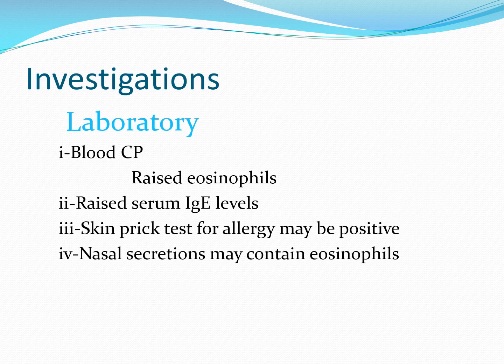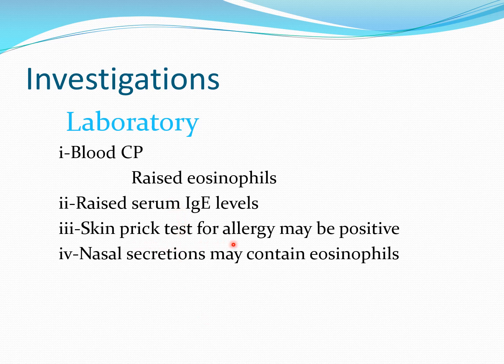So investigation to differentiate between allergic and antrochoanal polyp, you will advise blood CP. Eosinophils will be raised in cases of allergic reactions and neutrophils in cases of infection. In cases of ethmoidal polyps, there will be raised serum IgE levels.